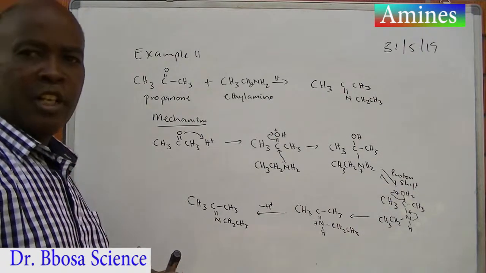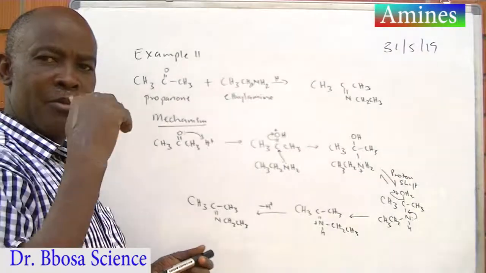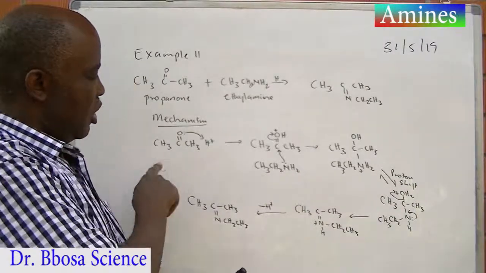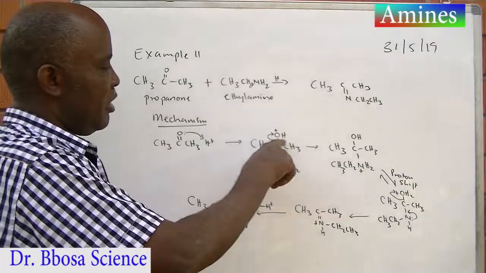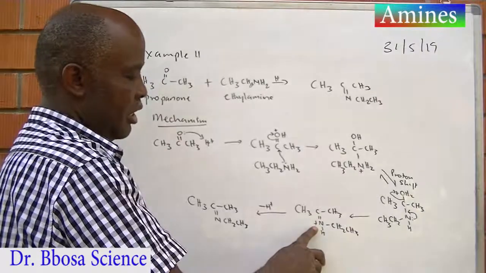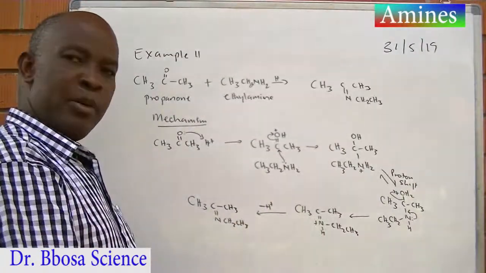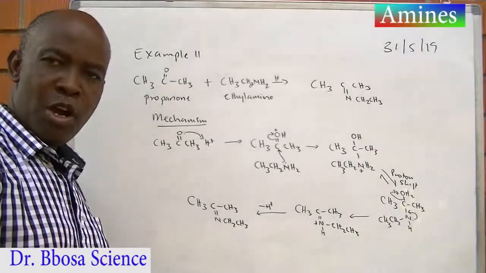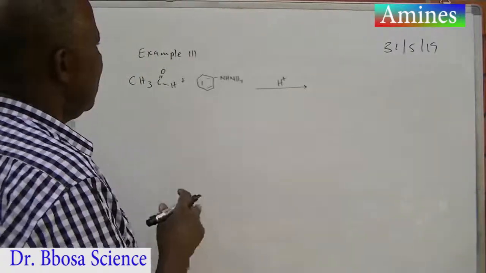This question is very common, so endeavor to learn this mechanism. Try it over and over until you master it. Notice the movement of the positive charge from hydrogen atom to this oxygen atom to this nitrogen atom to this oxygen atom to this nitrogen atom until you subtract it. So you cannot lose a positive charge until you have subtracted it from the molecule, or you have neutralized it from the molecule.